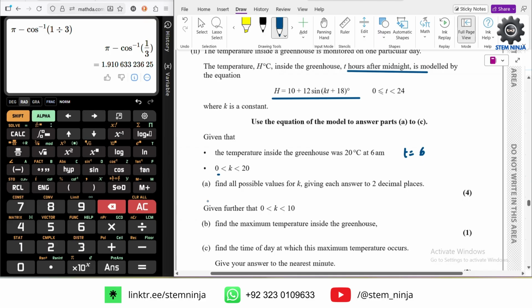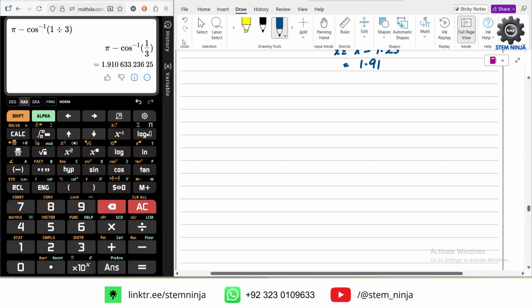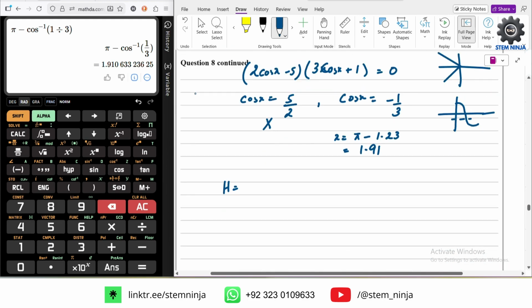Okay, alright. So they gave us that H is equal to 10 plus 12 sine of (kt plus 18).